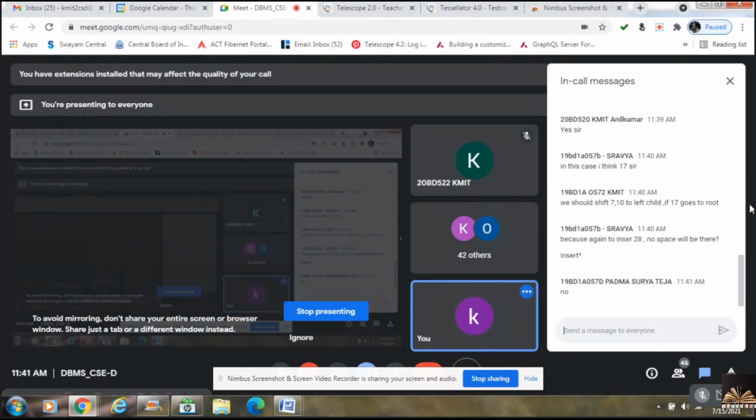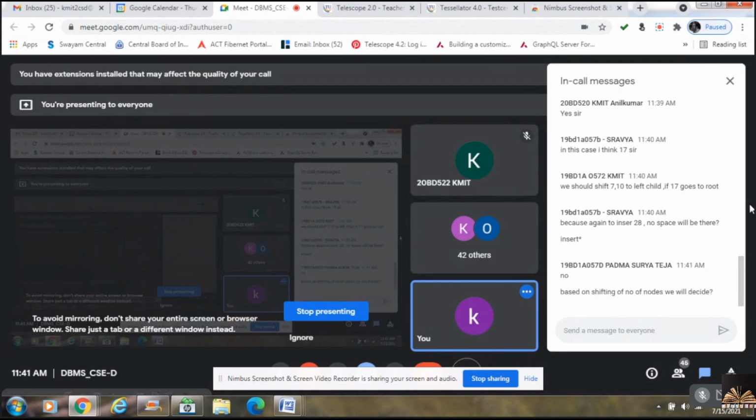Splitting of the node, then based on shifting of number of nodes, we will decide. Okay, fine.